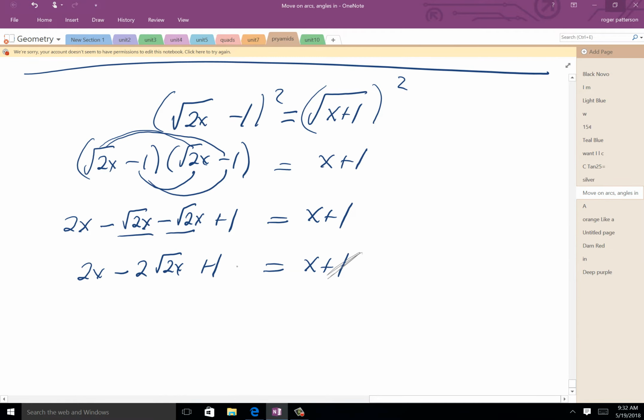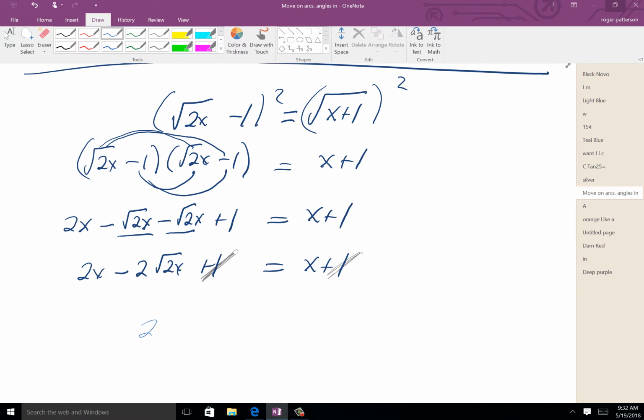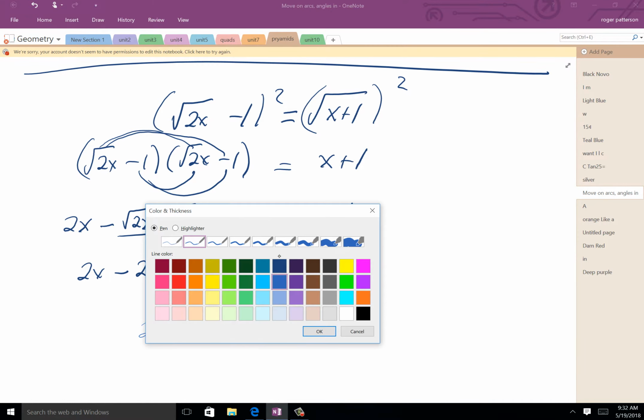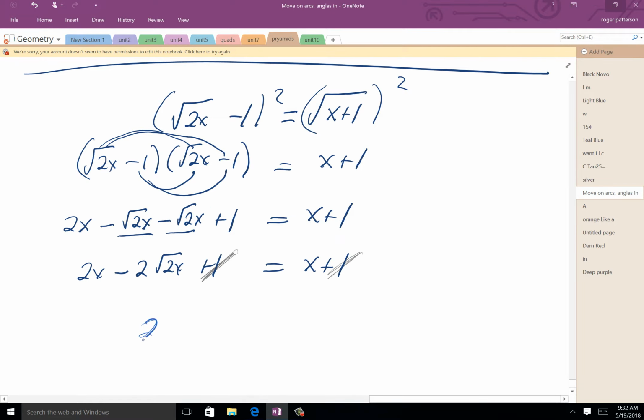So that one and that one can go away. So I have this now. X minus this equals x. Okay. So now, let's move everything to the other side and isolate this thing here.